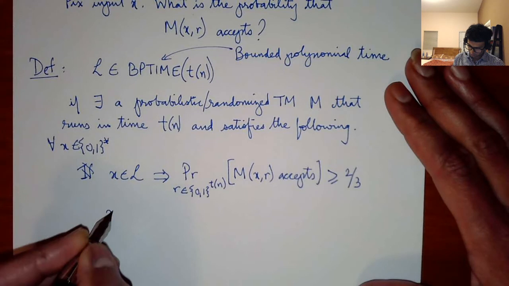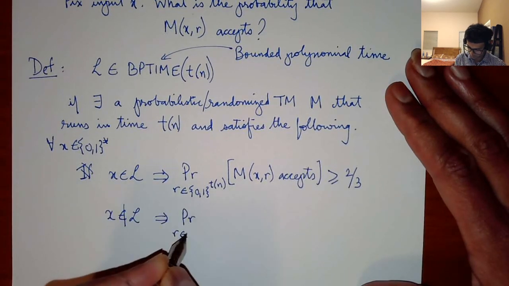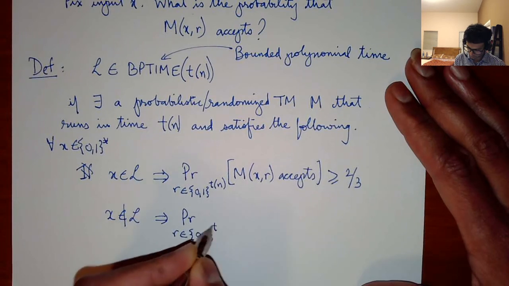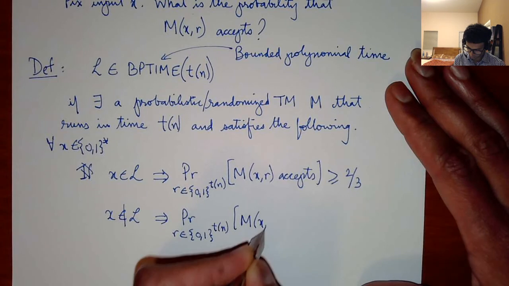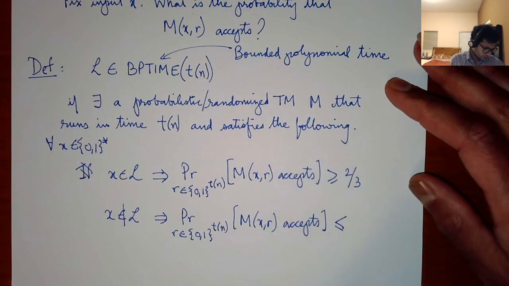When x is not in L, the probability that M(X, R) accepts is less than or equal to 1/3.